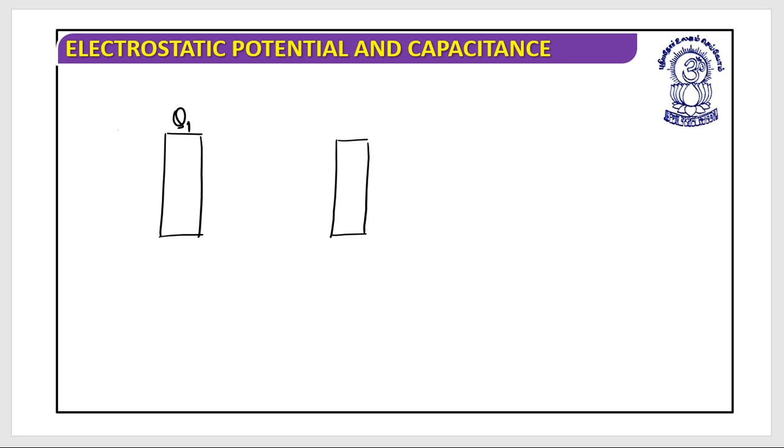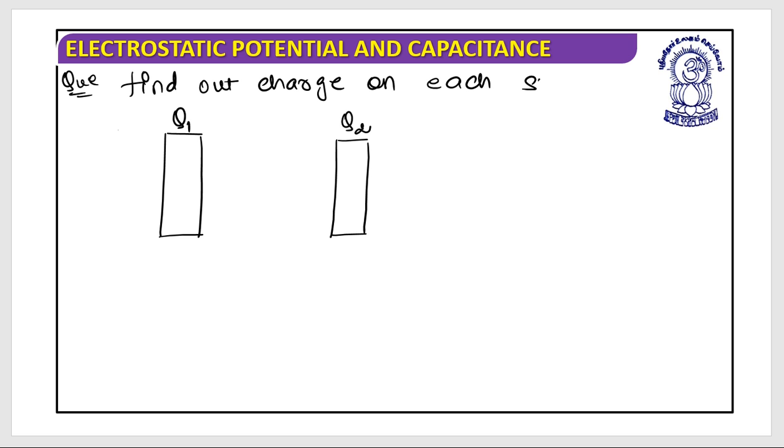Let's say this is charge Q1, this is charge Q2. What they ask is to find out the charge on each surface of a plate. This is their requirement. You need to find out the charge on each surface of a plate.